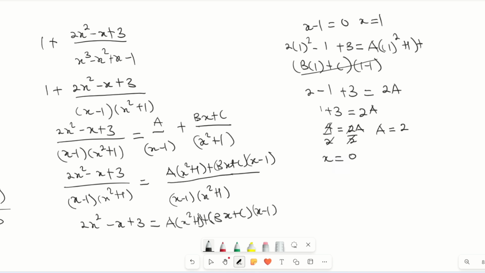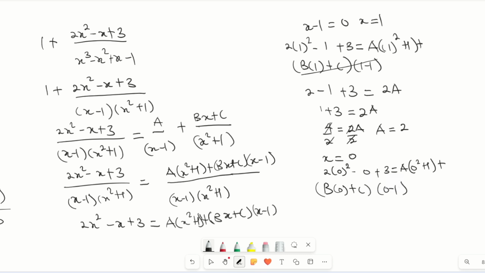And it means that you are going to have 2 multiplying 0 squared minus 0 plus 3 is equal to A, the expression will be 0 squared plus 1, plus B multiplying 0 plus C multiplying 0 minus 1.